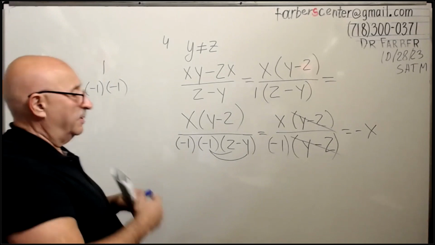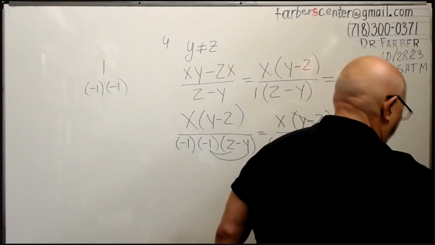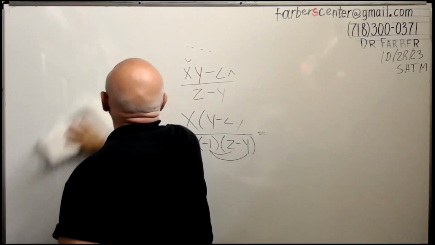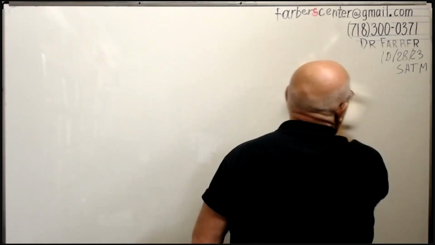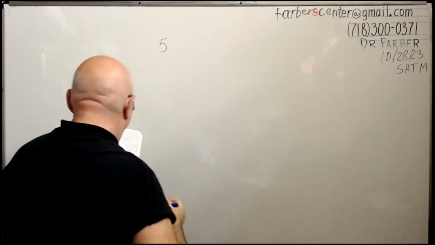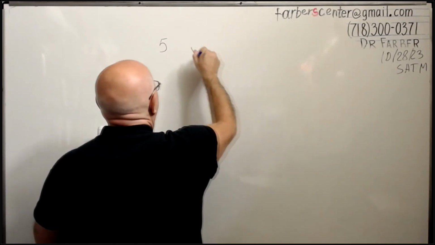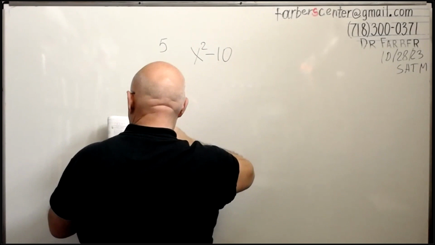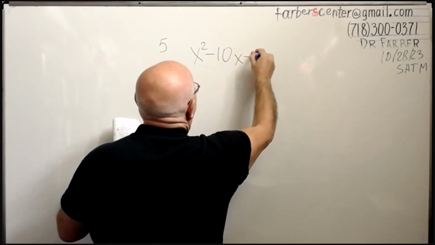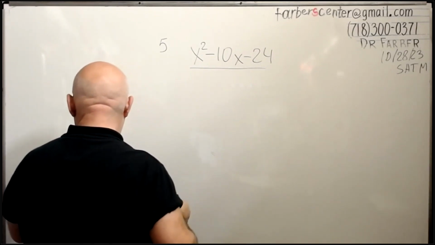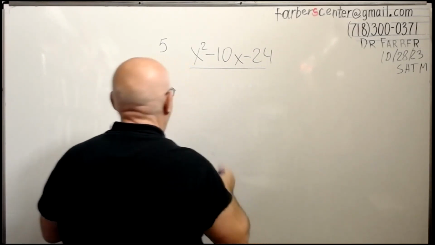For instance, number 5, let me erase. Why am I explaining? Because you asked, I explain. Number 5: x squared minus 10x minus 24 divided by x plus 2.